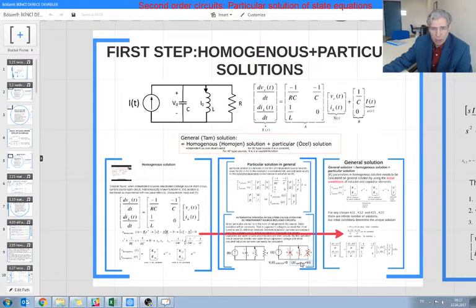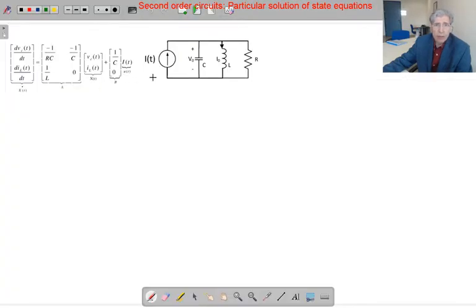So let's go back now to the open board. Here is our circuit. This is the differential equation which models this second order circuit. Homogeneous solution, we said we already calculated it. Now we will be calculating the particular solution. Let's write it, particular solution.